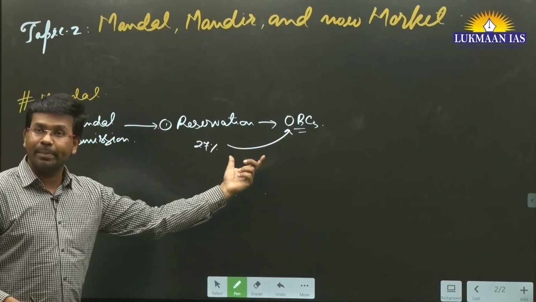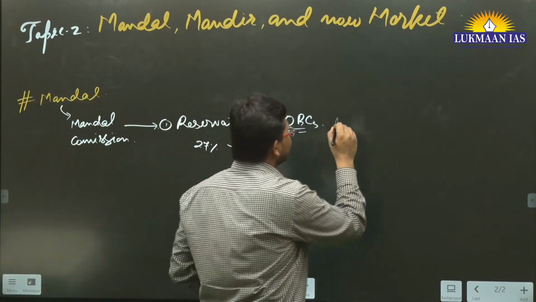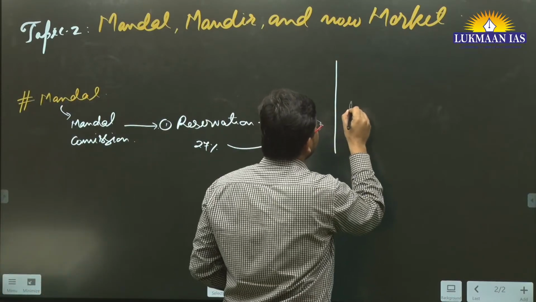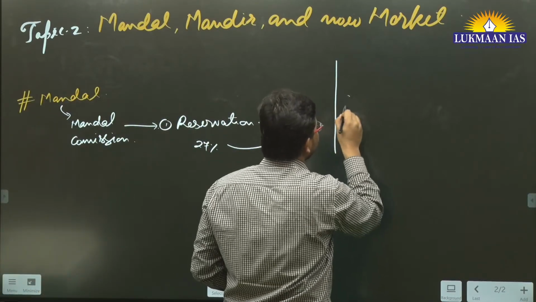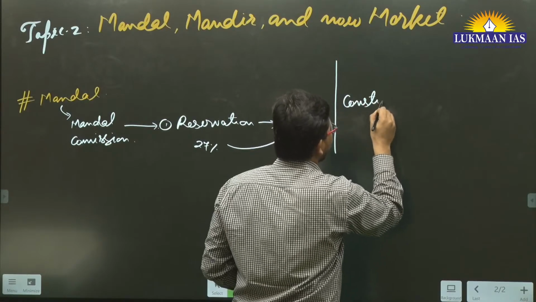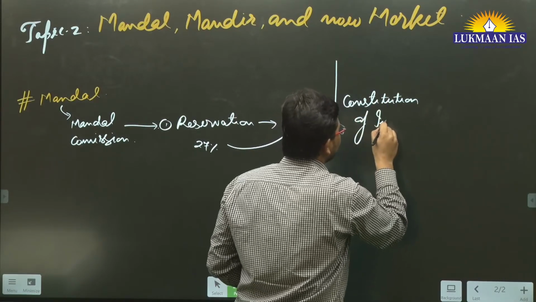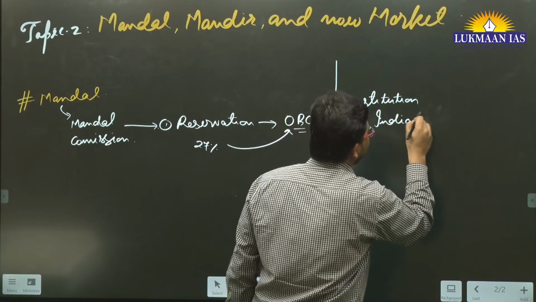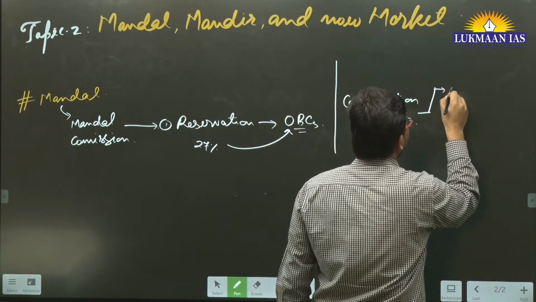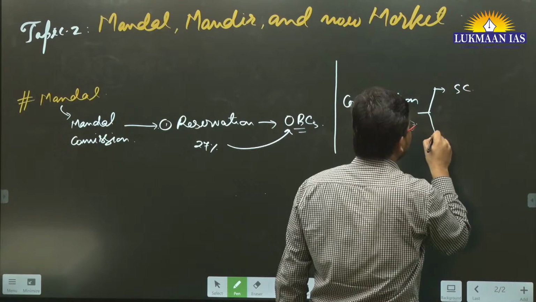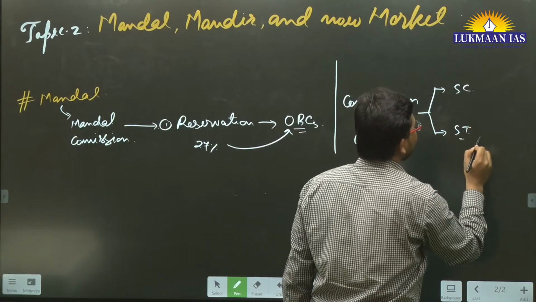And why only other backward classes? It is because the Constitution of India already has a mention of reservation for the people who belong to scheduled castes and scheduled tribes.